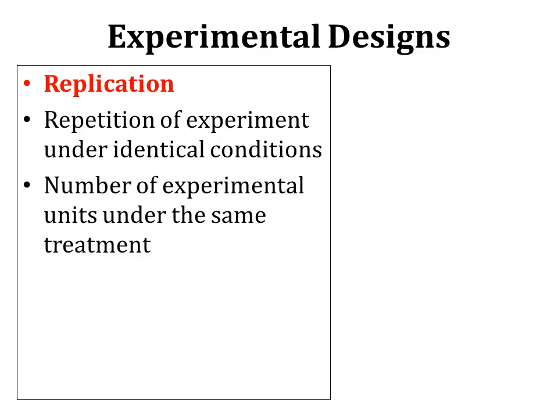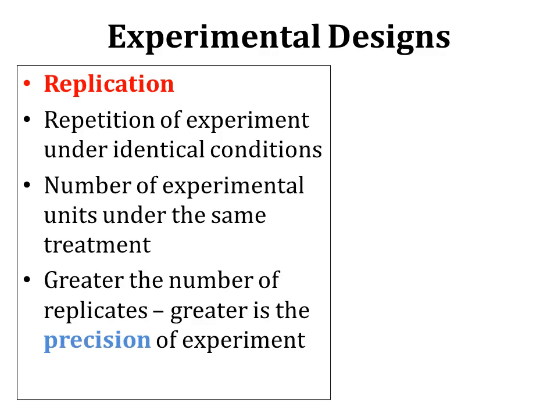It is not enough in most experiments to give a treatment to only one unit and see the response. You should give that treatment to a number of units so that you can see the variable responses. There should be replication in your treatments, and the greater the number of replicates, the greater the precision of the experiment, because your treatment is not the only source of variation in your experiment.